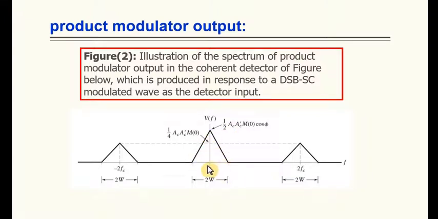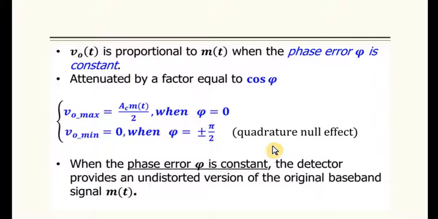V out of t is proportional to M of t when the phase error phi is constant. So if phi is constant, V out will be proportional to M of t, attenuated by a factor equal to cosine phi.